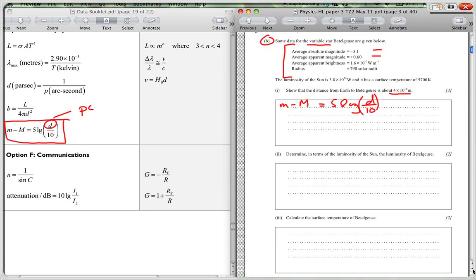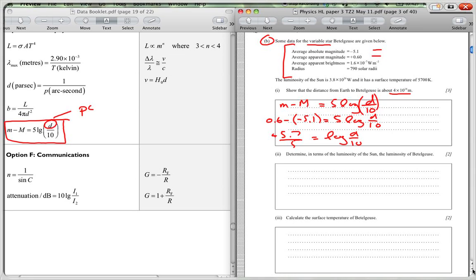This is the log to the base 10, and I put in my values. So 0.6 minus 5.1 is equal to 5 log d over 10. That's going to be 5.7, because a minus is positive. And I'm going to divide through by 5.